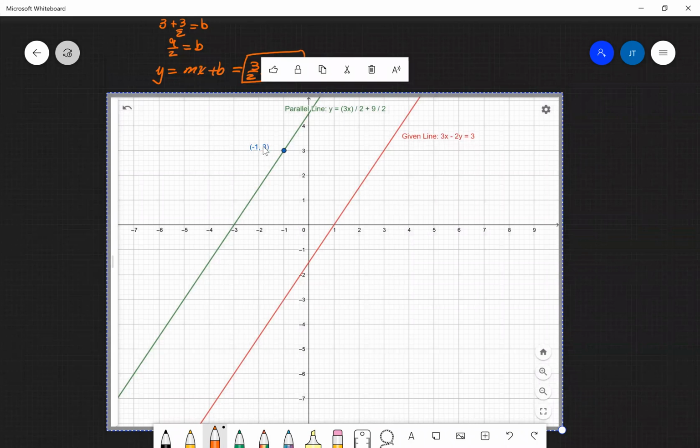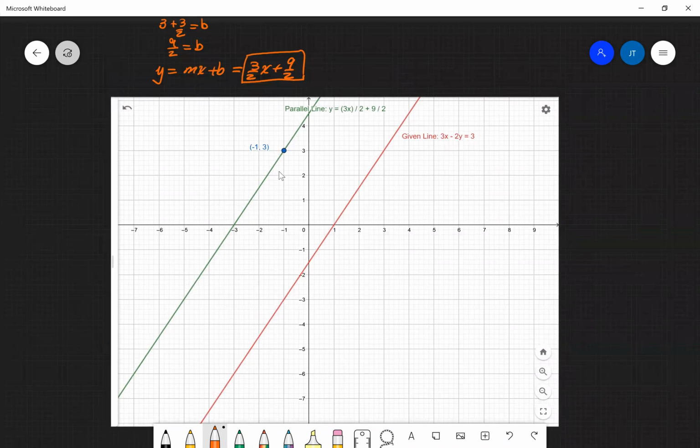It's going through (-1, 3). It has this equation, 3/2 x + 9/2, and it's parallel to the given line. If you plot them both geometrically, we see that they are parallel. I hope this helps. This is it for this problem.